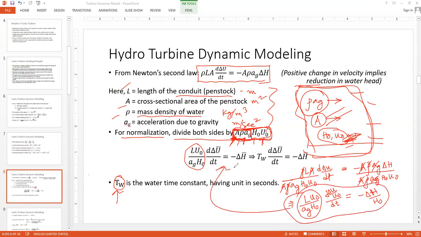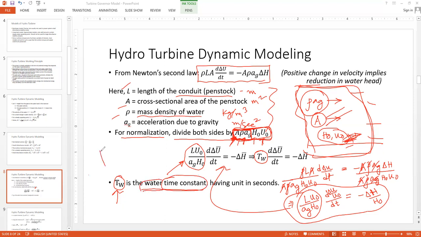Okay, we have reached here. Once that is done, this part we actually take as TW, which is defined as the water time constant. Water time constant, like in any other transient or dynamic system, the same background concept of time constant applies here. It is another time constant, but for a hydropower system.